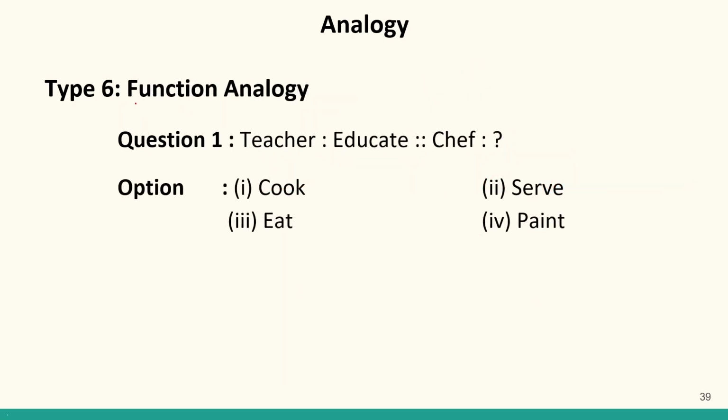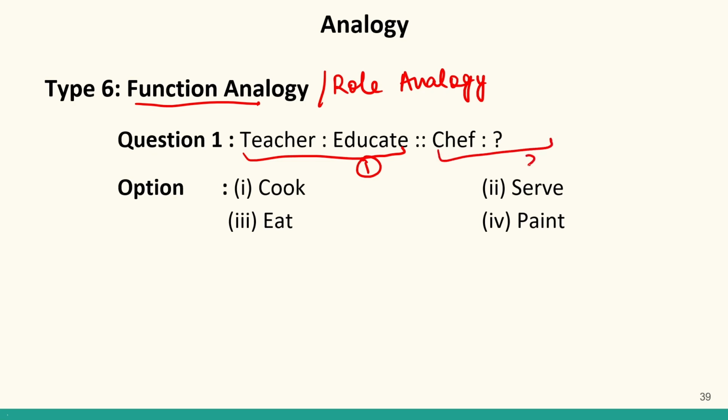Okay. Function analogy, also known as role analogy. In function analogy or role analogy, we basically find the function, the logic that is used in the first pair, and we have to use the same functional logic in the second pair.